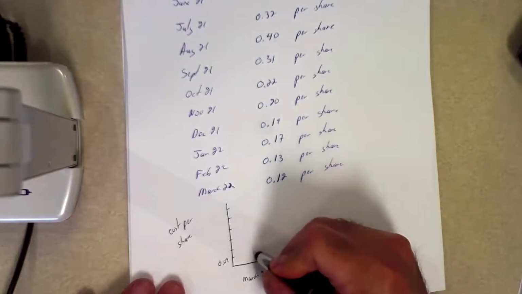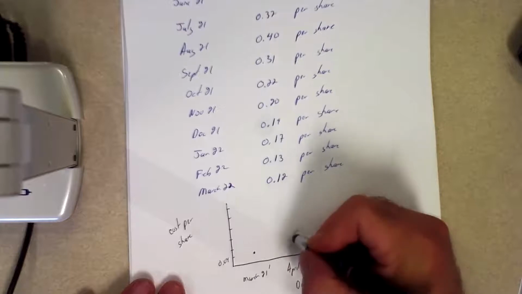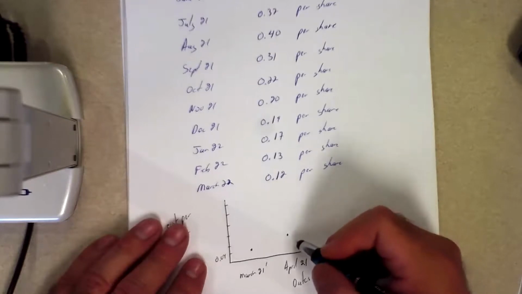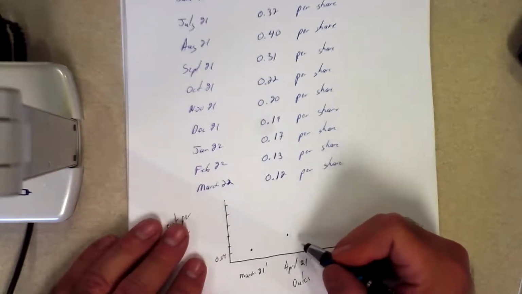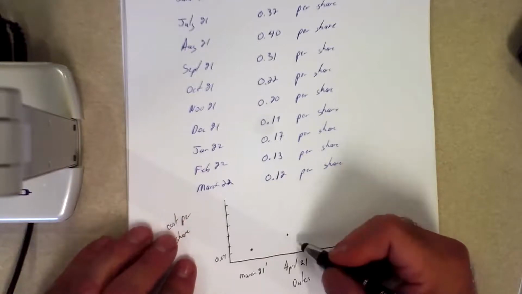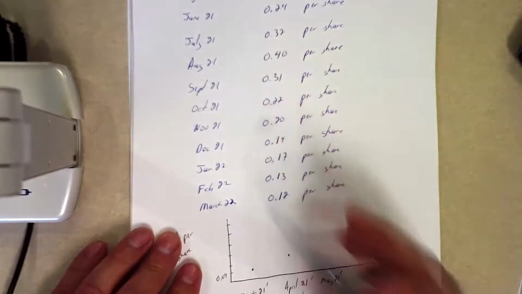Boom, you put a little dot. April, 8. And so each value that you do, you put a dot on there. You put a dot for each of these amounts.